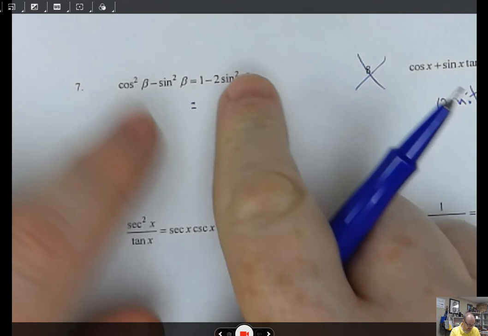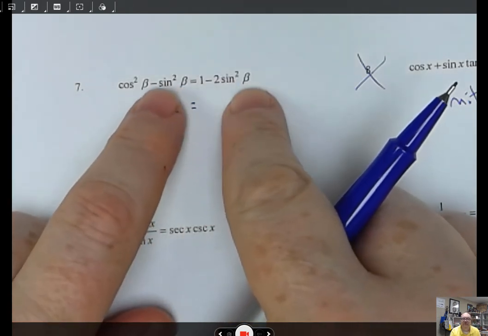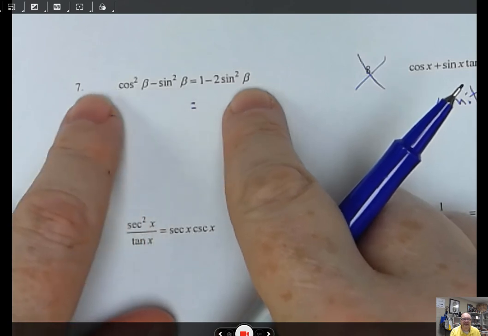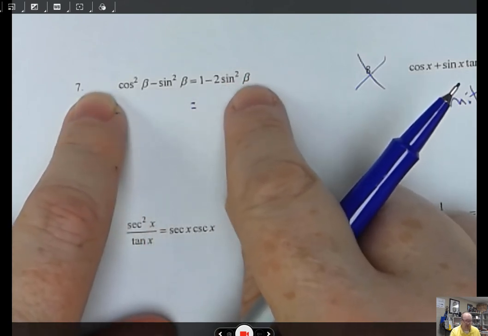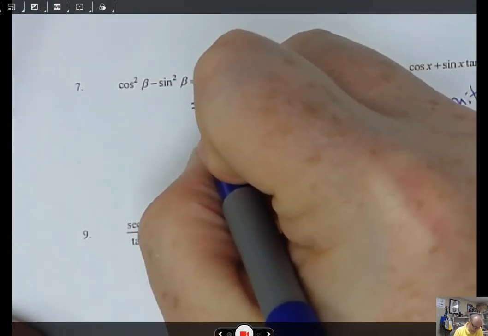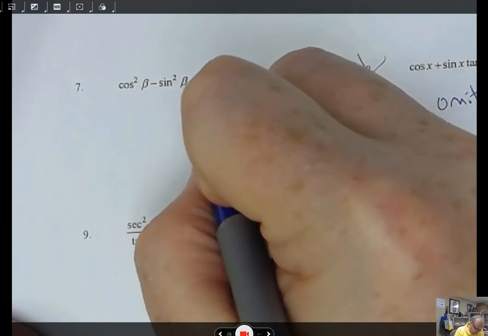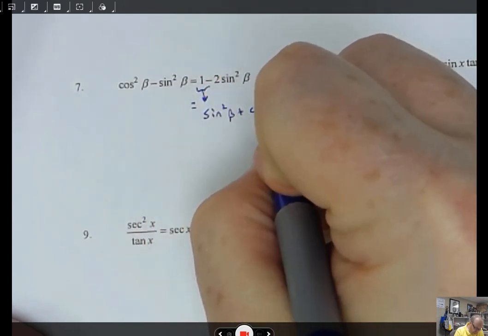As I'm looking, maybe I don't want to mess with this 2 sine squared at all because I have a sine squared on the other side. What I'm needing, because remember I'm working with the right, is a cosine squared. I think what I'll do is make a substitution for 1. 1 is exactly equal to sine squared plus cosine squared.